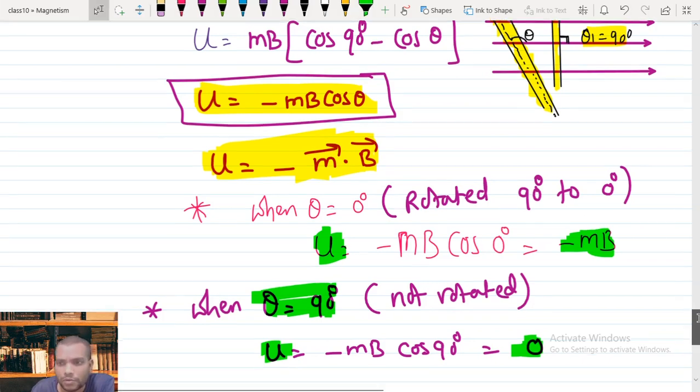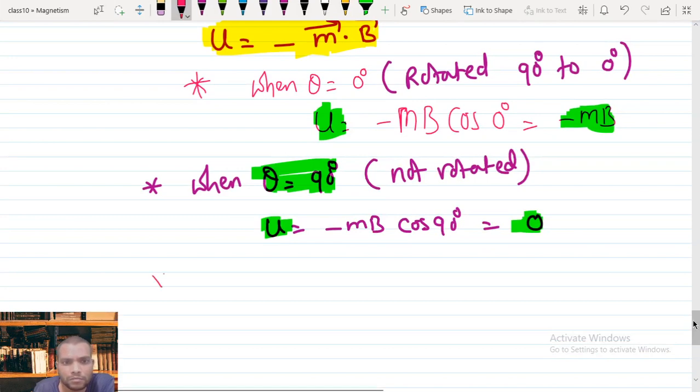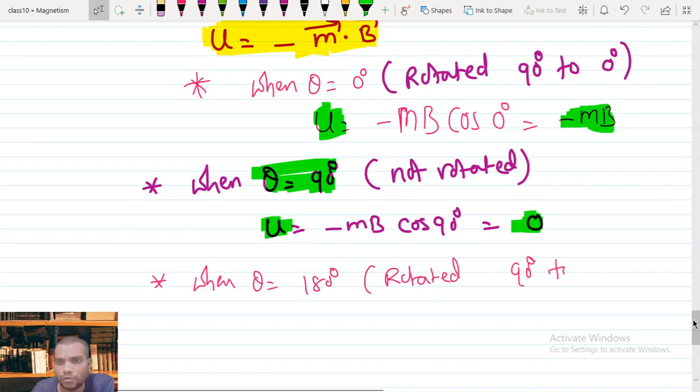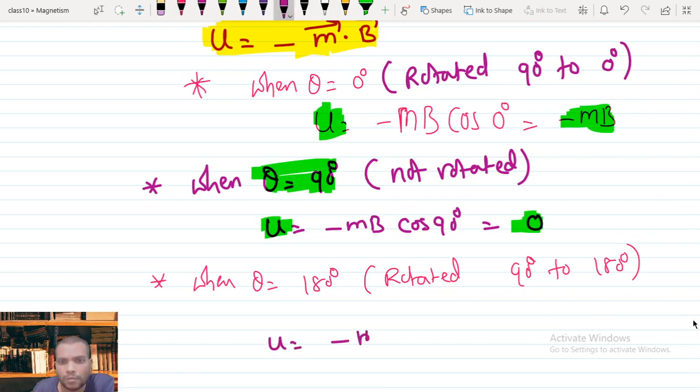So what happens when theta equal to 180 degree? It means you rotated from 90 degree to 180 degree. So in that case the potential energy U equal to minus mB cos of 180 degree.